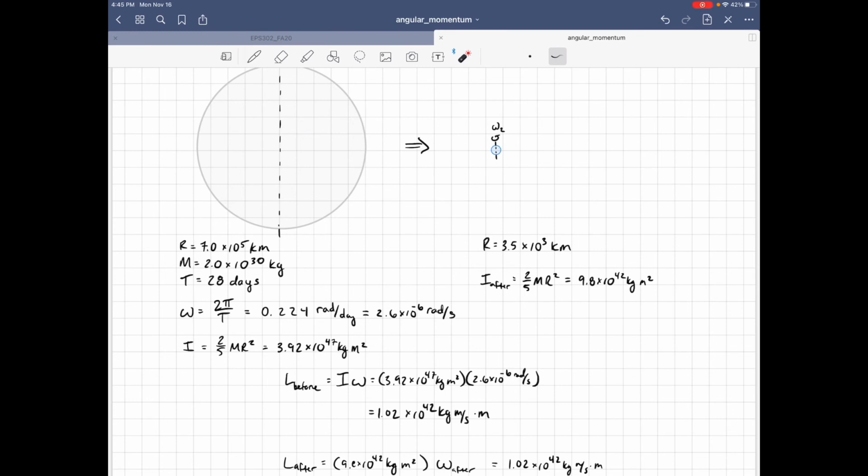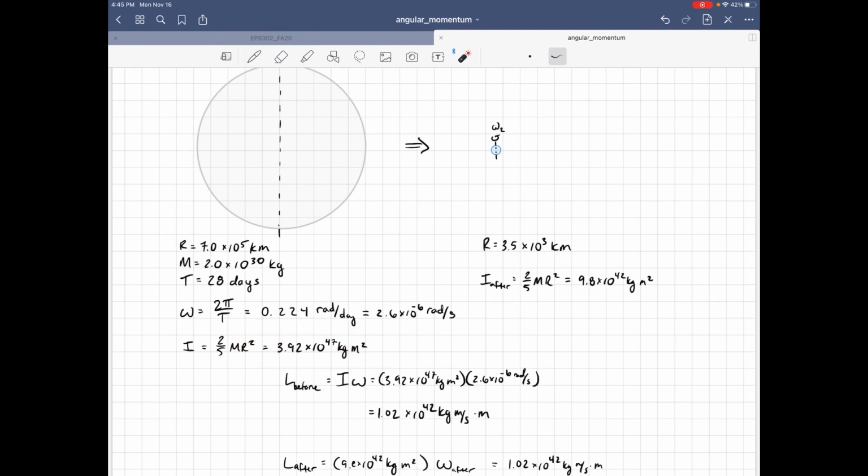The other thing we know about the sun is that we're going to treat it like a sphere. A solid sphere rotating about any axis has a moment of inertia of 2/5 m r squared. So if I plug in the mass given here and the radius given here, plugging in meters rather than kilometers, I get this for the moment of inertia of the sun today.